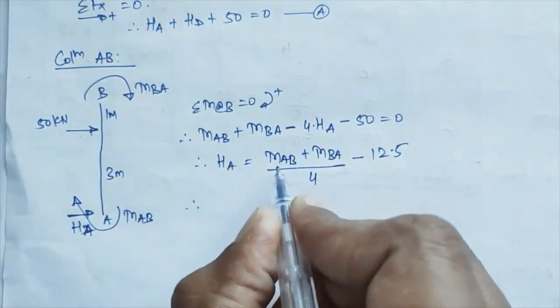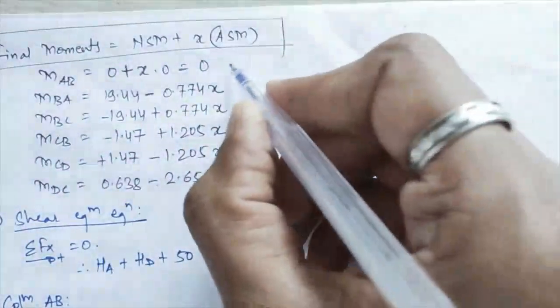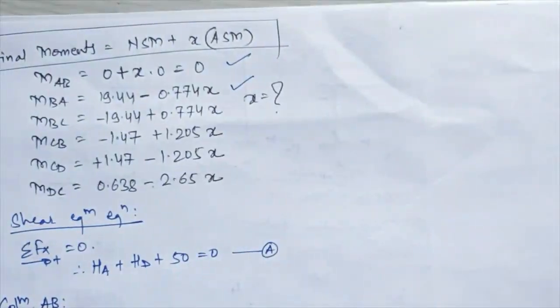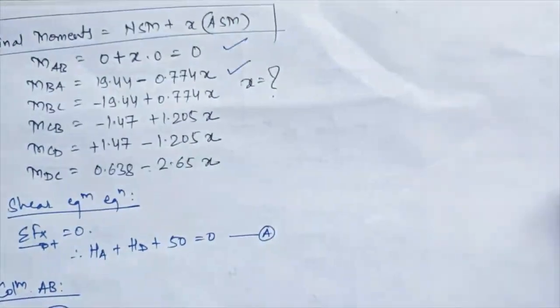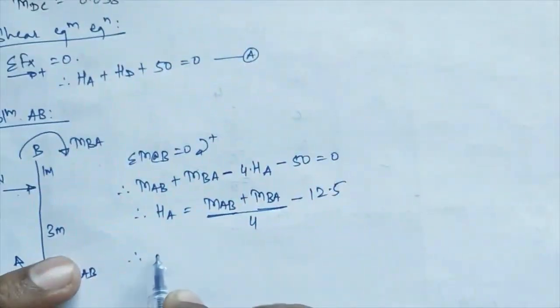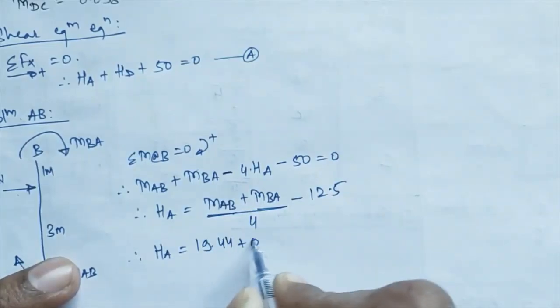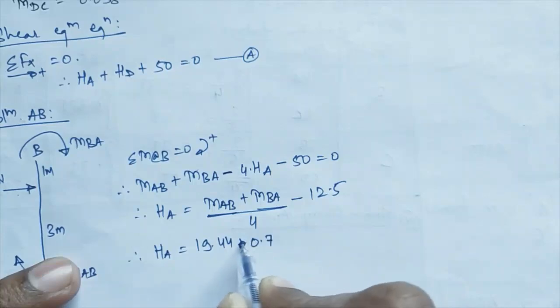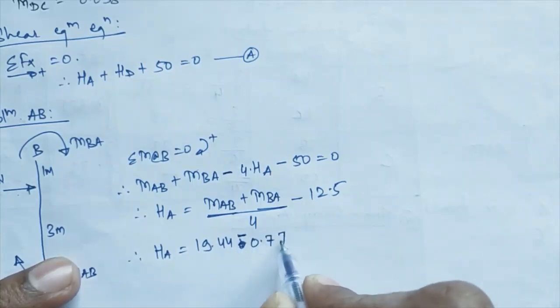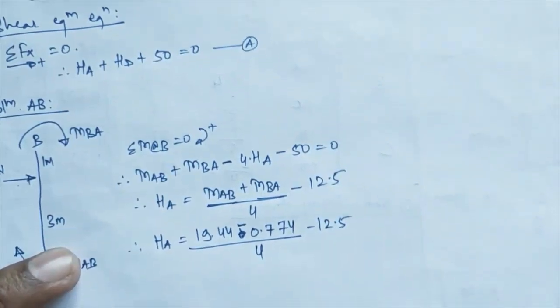Now I have the equations of MAB and MBA. MAB is already 0, and I have the equation for MBA, so substitute it here. I get HA equal to 19.44 plus 0.774x divided by 4 minus 12.5.